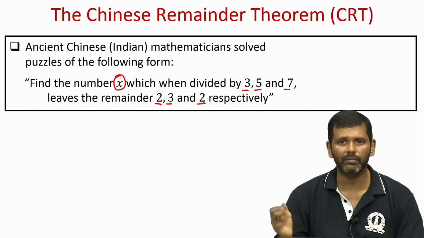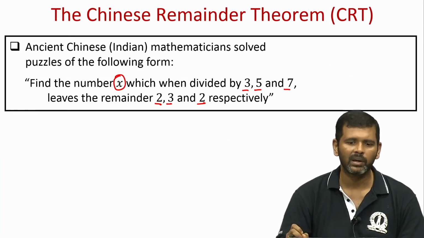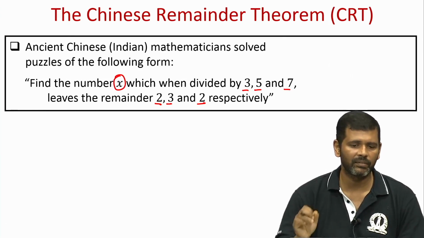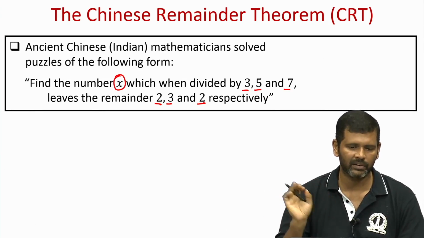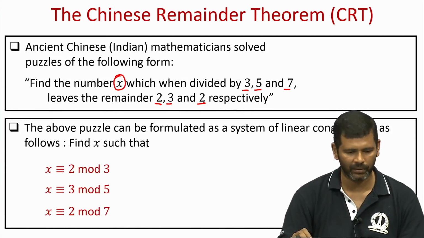Of course, you can find an infinite number of x satisfying this condition, but what the CRT method gives you is at least one x which satisfies this condition, and from that you can find the other values of x as well.